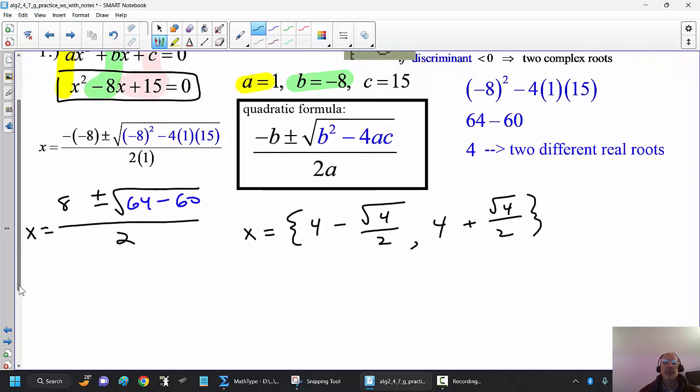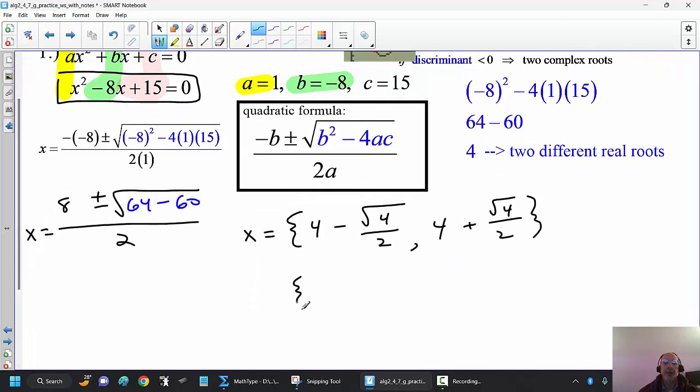Let's work this down a little bit. So this is going to be 4 minus, well, that's 2 over 2, so that's 1. And 4 plus, the square root of 4 is 2. 2 divided by 2 is 1. So that's going to be 4 minus 1 is 3, and 4 plus 1 is 5. Which I told you before. I said there was a spoiler alert on this.